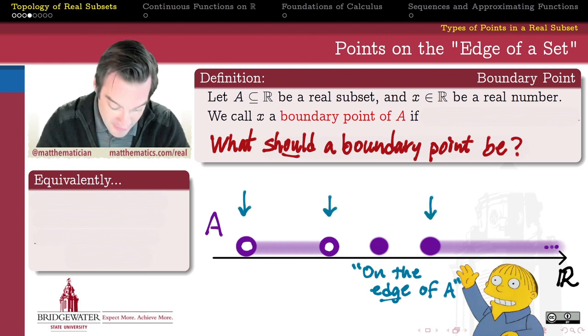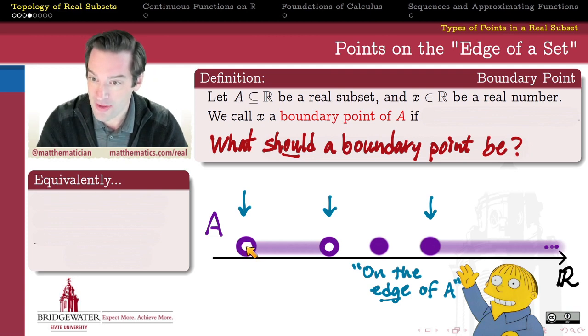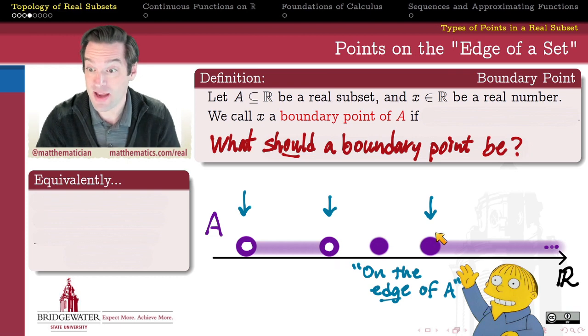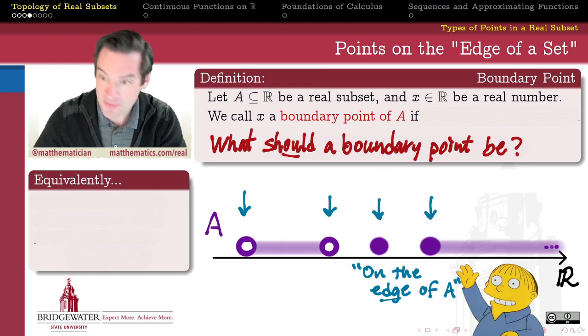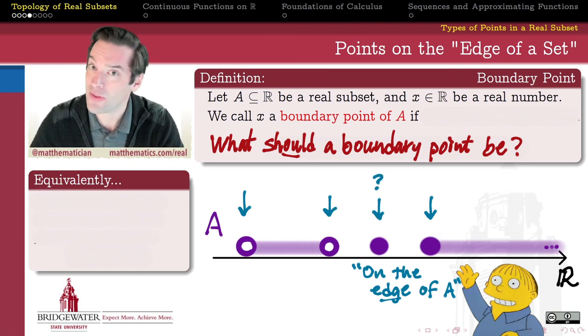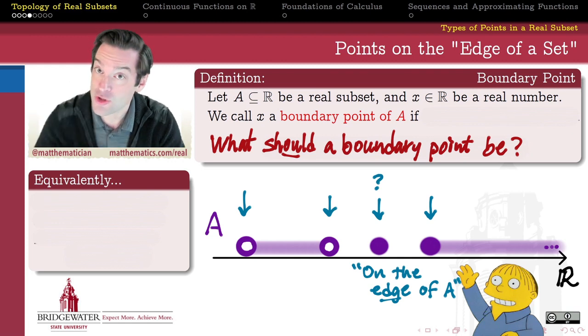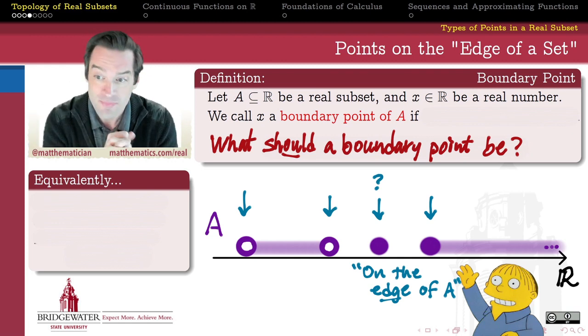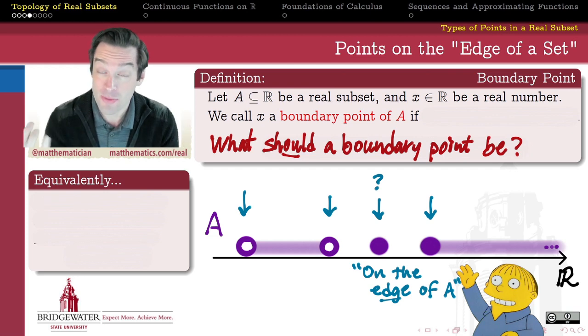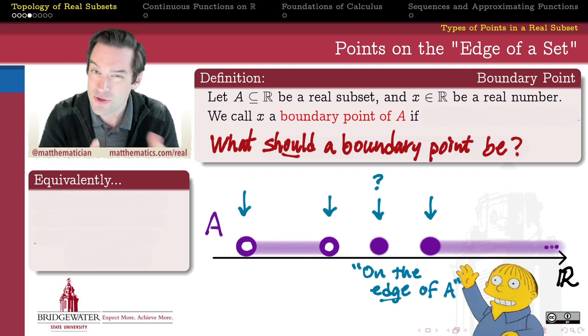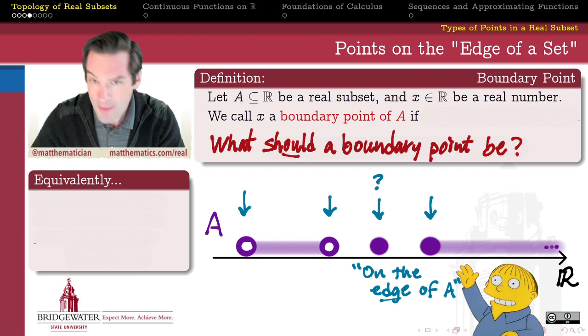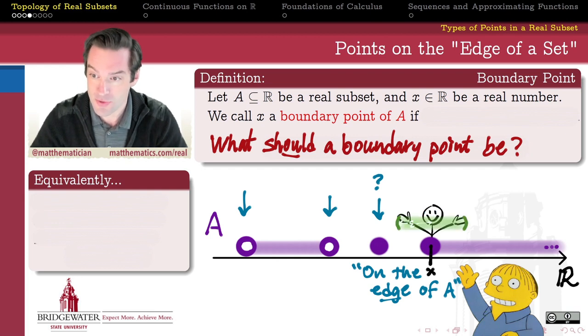So at least we would know that this point right here, this point right here, and this point right here look like they're on the edge of the set A. There's this isolated point in the middle that we're going to have to make a choice about. But if there are 4 candidates for boundary points of the set that I sketched here, it should be those 4. So what topologically is going to characterize those points?